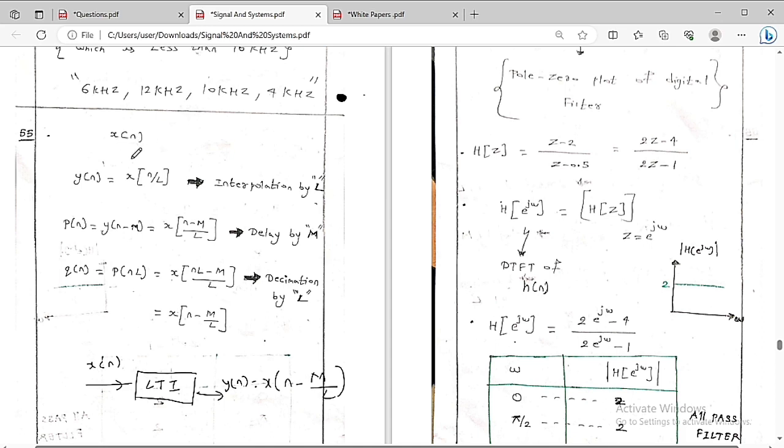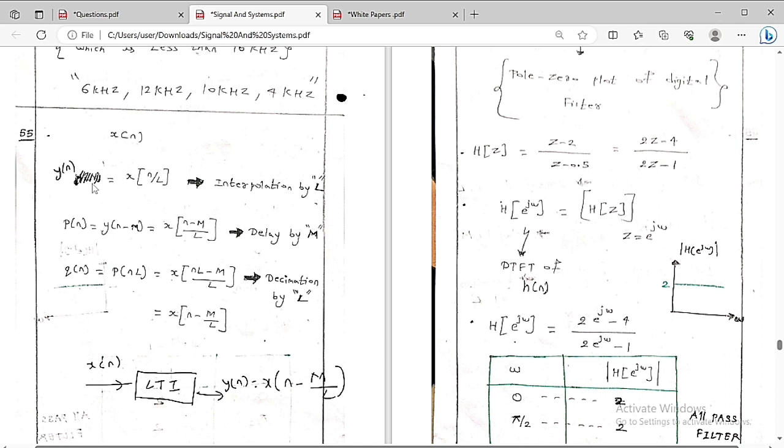Let me consider some intermediate function, y of n only, that I am going to assume.